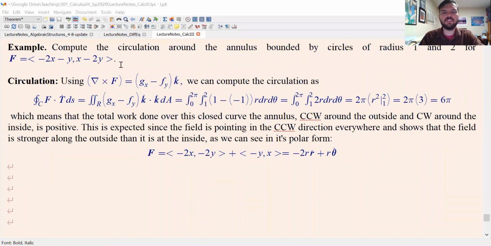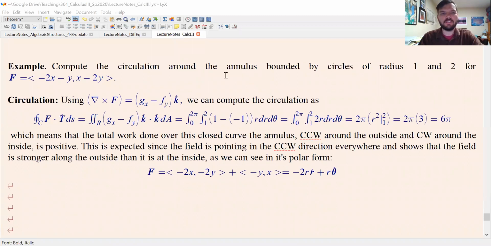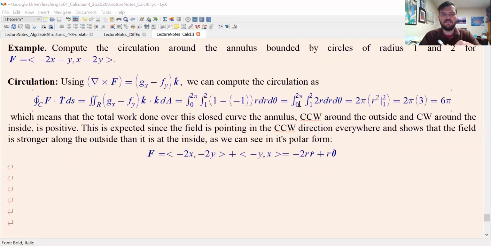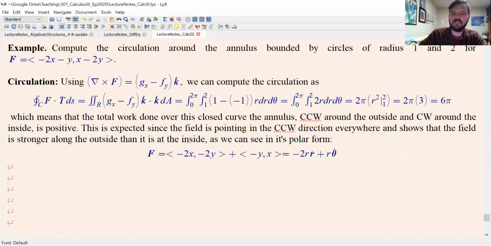We are computing the circulation around an annulus bounded by two circles of radius 1 and 2 for this function. Interesting looking function. Vector field, I don't know what it looks like, but you know what, we'll go ahead and analyze it given what we know. Let's try drawing this shape. Make sure we have the draw. There it is.